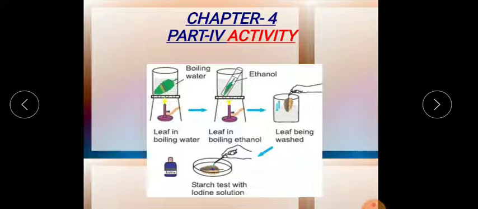So what is the effect of this boiling water? When we boil the leaf, what will happen? It will kill the cells, all the living cells.